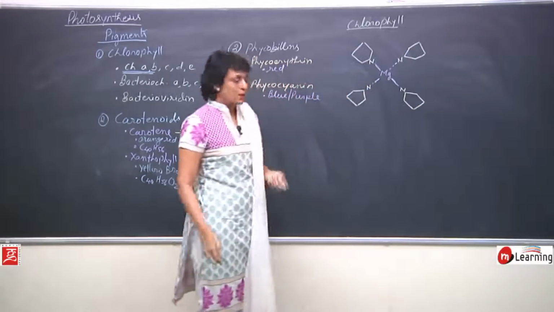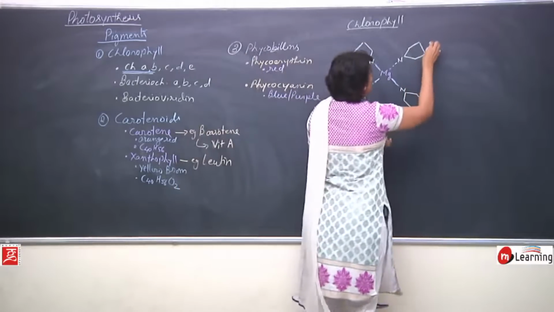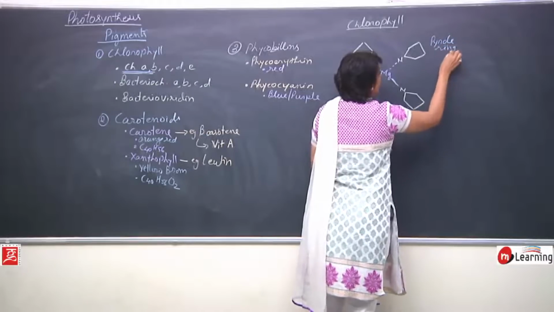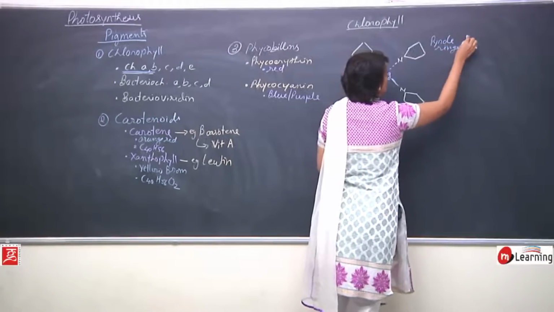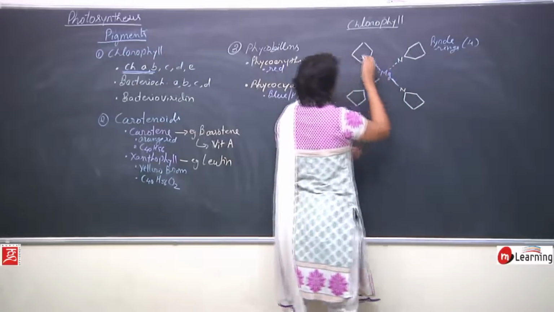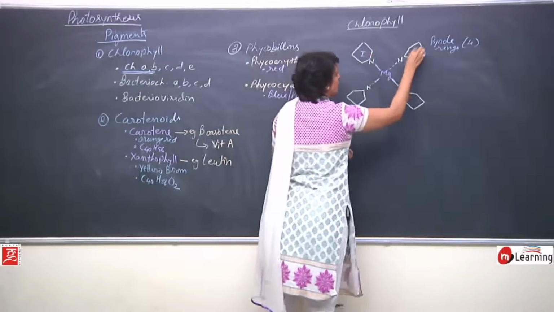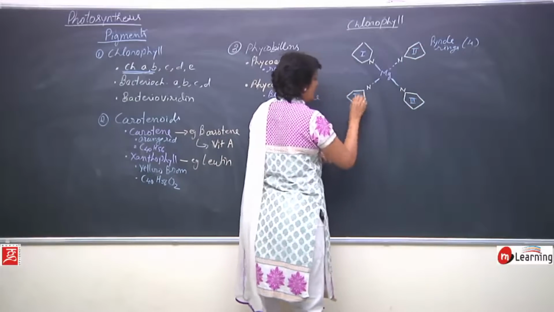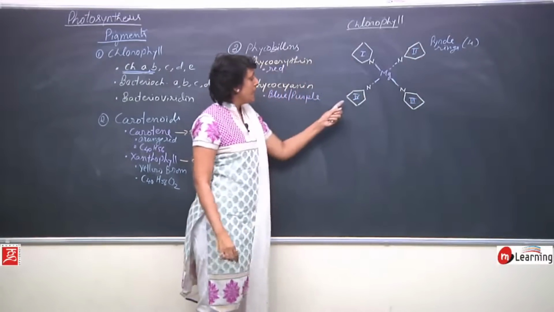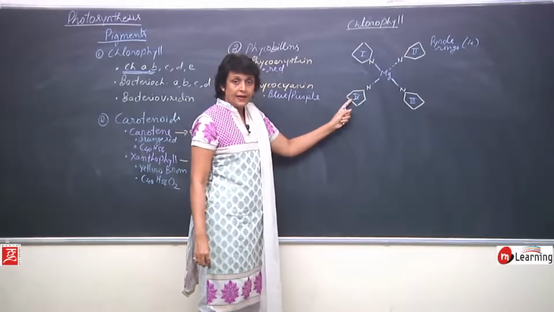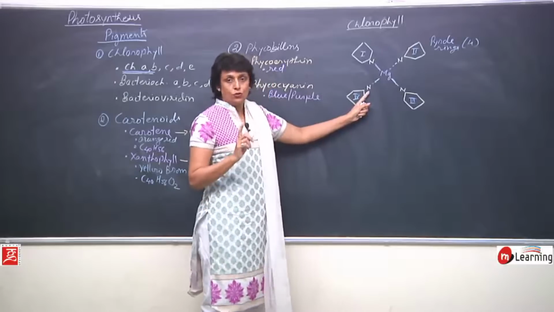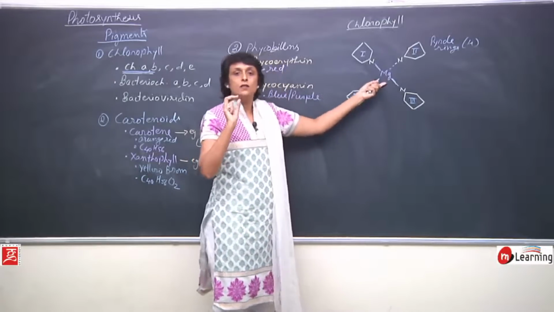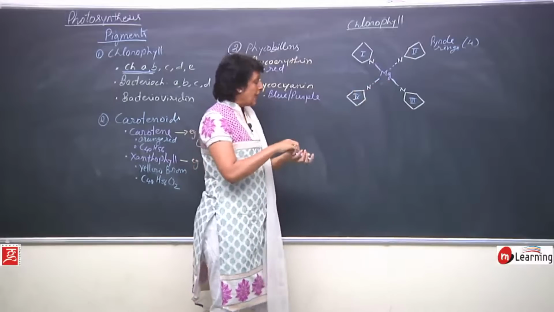These rings are known as pyrrole rings. So, there are 4 pyrrole rings. They are numbered as 1, 2, 3 and 4. Each ring has 1 nitrogen, and to that nitrogen is attached the magnesium ion which is in the core of it.